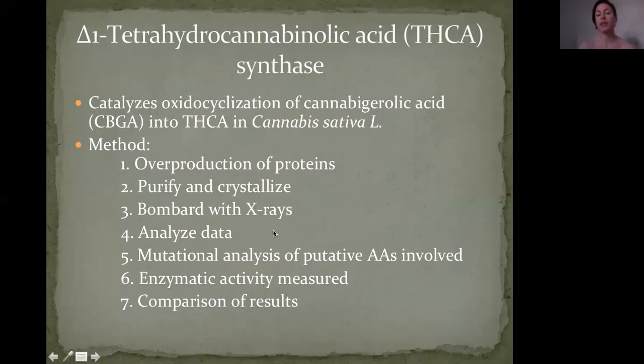They analyzed the data, and based on the data analysis, they then decided to mutate ionizable amino acids, which they thought may be involved in this reaction. They then measured the enzymatic activity through reverse phase HPLC, and they compared the results to see which they thought were the most putative candidates for not only substrate binding, but also for the catalytic reaction itself.